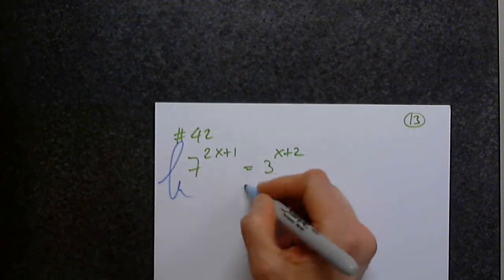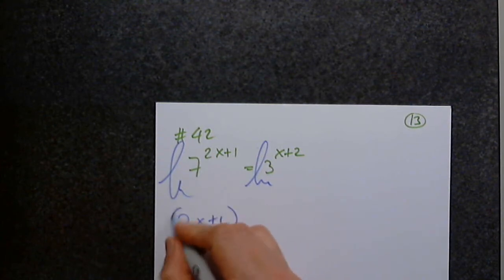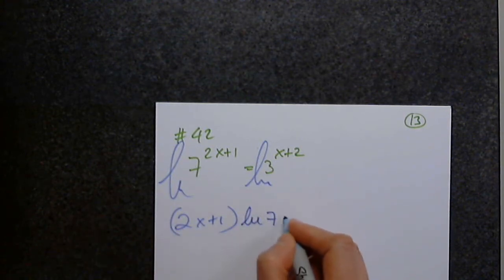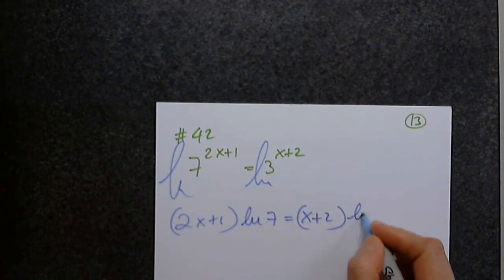So 2x plus 1, if you omit parentheses, you're only multiplying 1 by natural log. So you have to put 2x plus 1 in parentheses and then natural log 7. Can anyone dictate the right-hand side? X plus 2, but in parentheses, natural log 3.